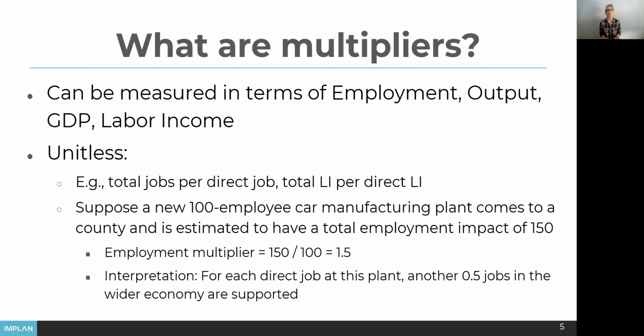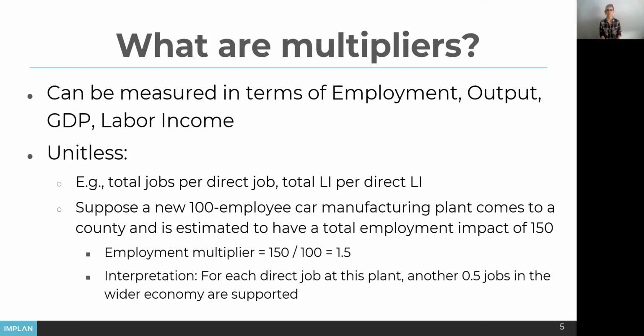So a concrete example would be a new 100-employee car manufacturing plant comes to a county, and you do an InPlan study on that. It's estimated to have a total employment impact throughout all the industries in that economy of 150 jobs. So then, in this case, the employment multiplier is 1.5, because 150, the total impact, divided by 100, which was your initial impact, yields 1.5.